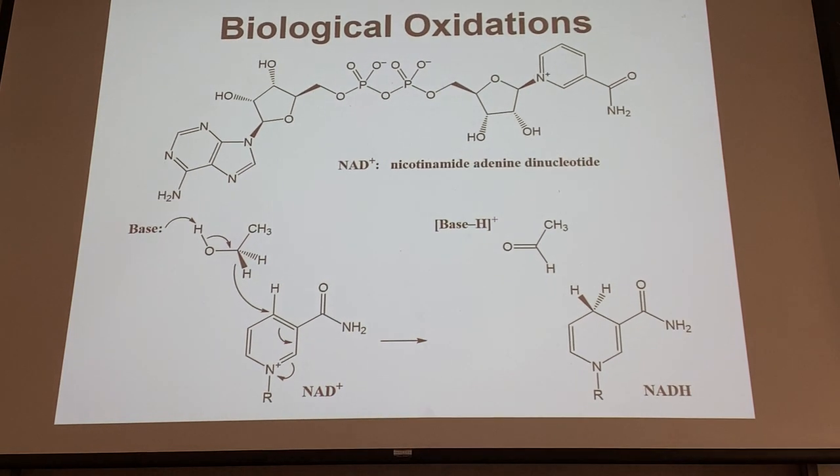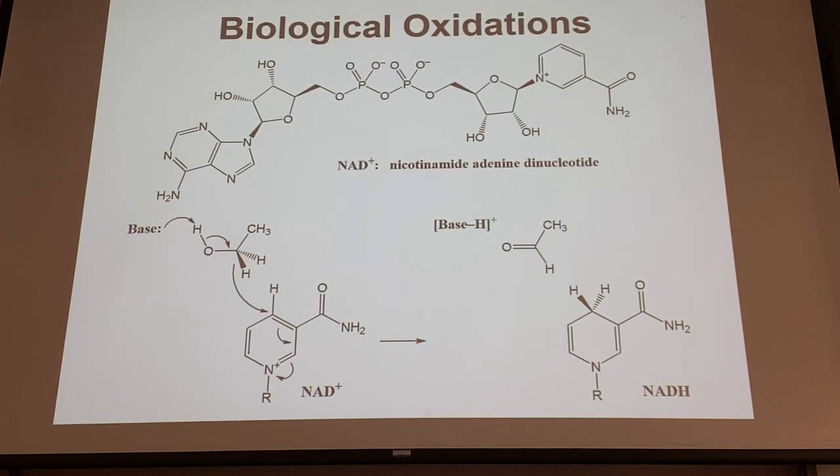This figure in the book that shows oxidation with NAD plus is incorrect. It has a typo. It shows the hydrogen attacking the wrong carbon of this pyridinium ring. So please don't refer to that figure that's in the textbook. As I mentioned, these 2 chapters we're doing now, Friday and today and Wednesday, are brand new chapters in the book.